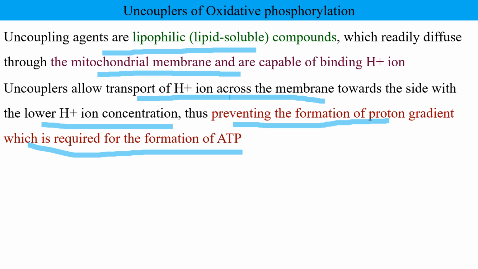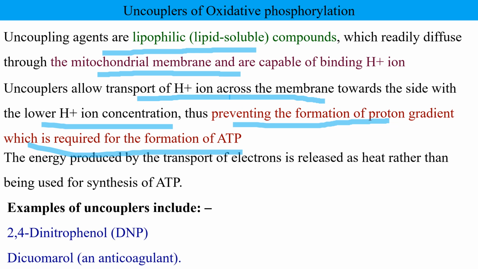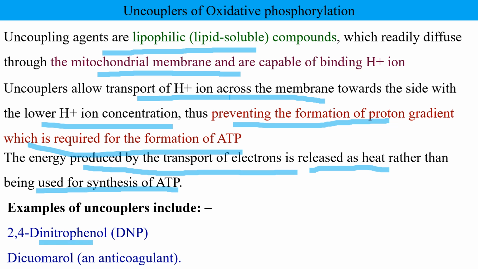So the energy produced by the transport of electrons is released as heat rather than being used for synthesis of ATP. Examples of uncouplers include 2,4-dinitrophenol and dicoumarol, an anticoagulant.